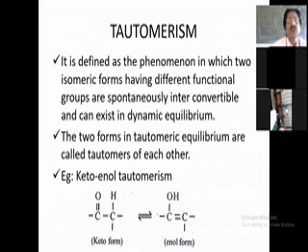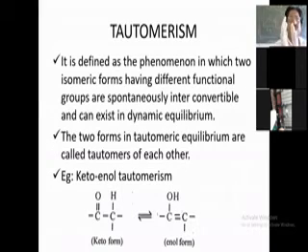Now, tautomerism, that is a small topic here. I think it is asked only once for 2 marks. Tautomerism is defined as the phenomenon in which 2 isomeric forms having different functional groups are spontaneously interconvertible and can exist in dynamic equilibrium.